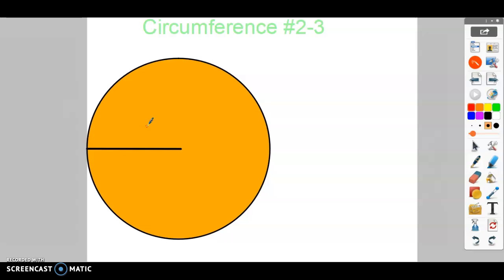So let's suppose we have a radius of 5. Now we have to remember that pi is equal to 3.14.